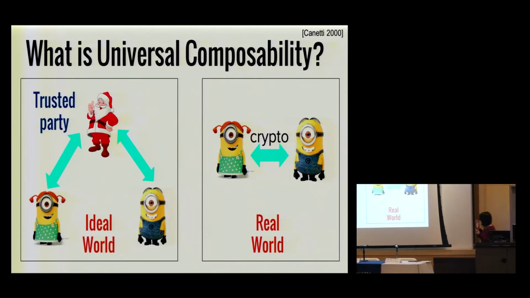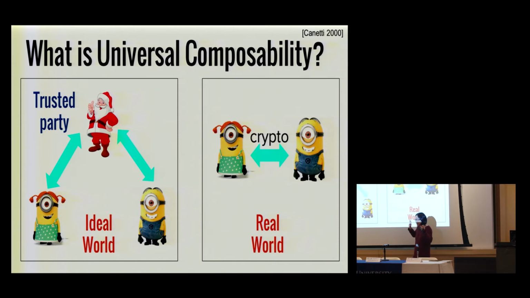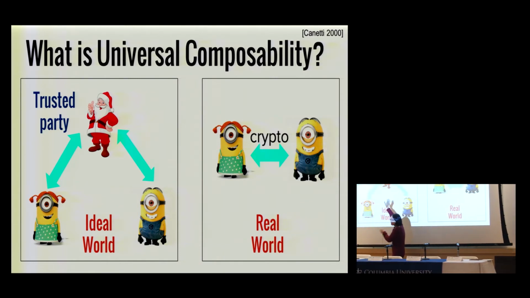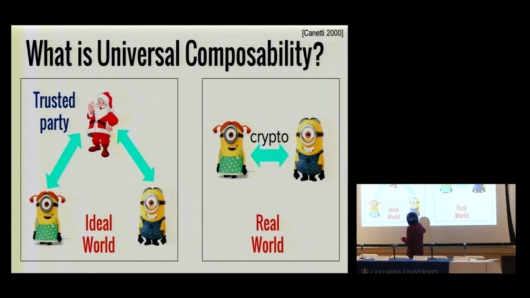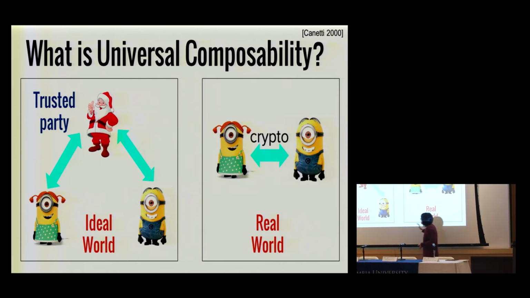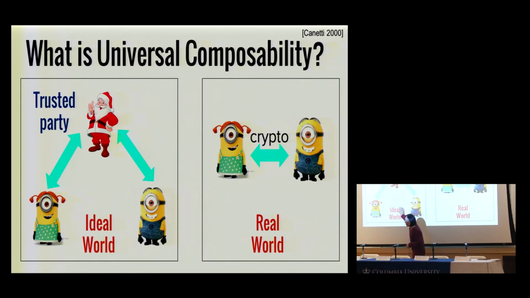So what UC lets us do is abstract away the crypto. Think about a world where there's no crypto, and the crypto is actually replaced by this happy trusted authority, and these parties are just communicating with the trusted authority. This will help me reason about the security of these distributed systems. I want to mention that there's tons of programming language literature in this world.